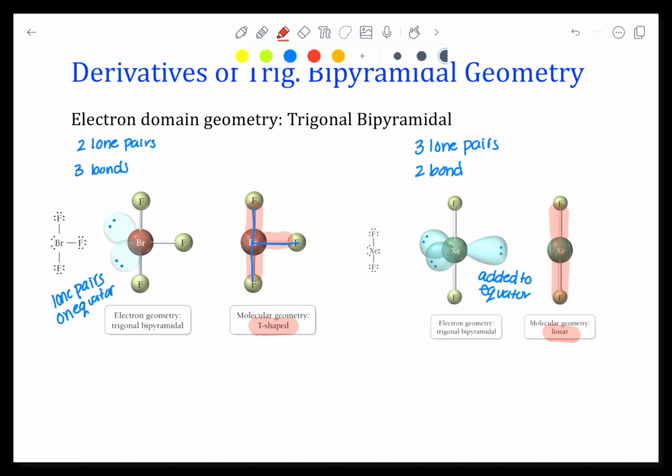So as we add more and more lone pairs, we're simplifying that structure more and more, and we usually end up in either a bent or a linear structure. So that was all of our AB5s. We went from 1 lone pair, 2 lone pairs, to 3 lone pairs. We went seesaw, T-shaped to linear.